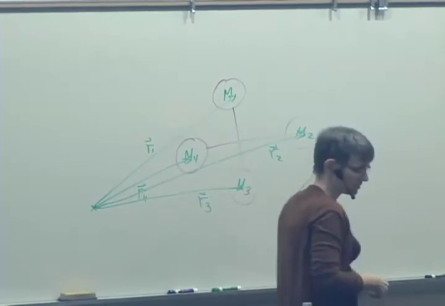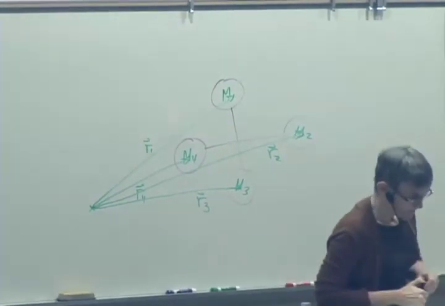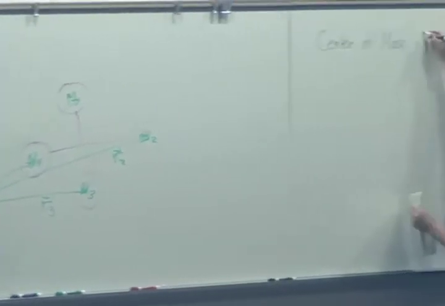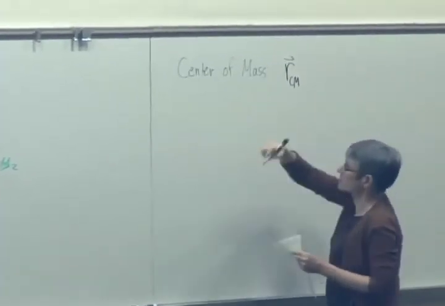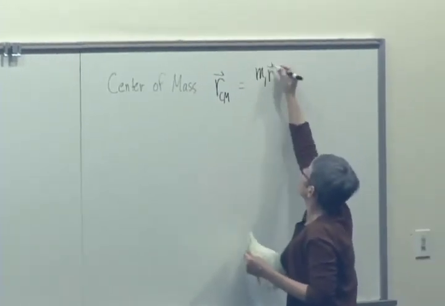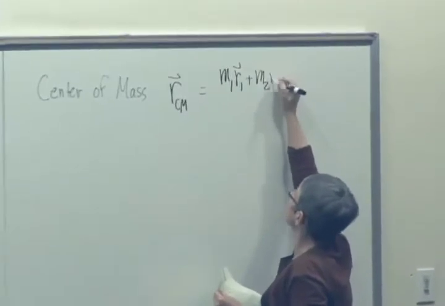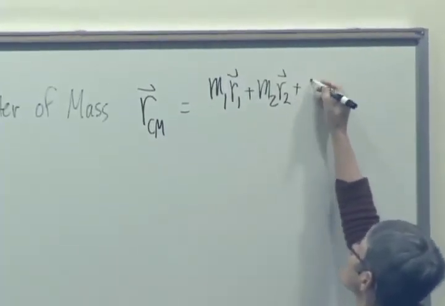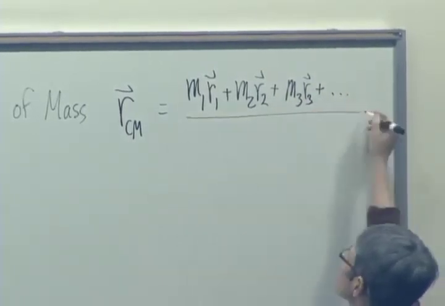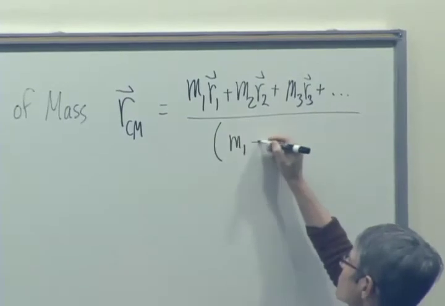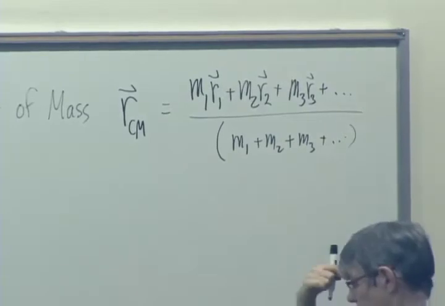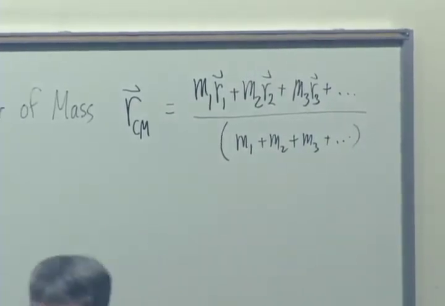In vector form, the location of the center of mass relative to our origin is M1 R1 plus M2 R2, where these are vectors, etc., divided by the total mass, M1 plus M2 plus M3 plus and so on.